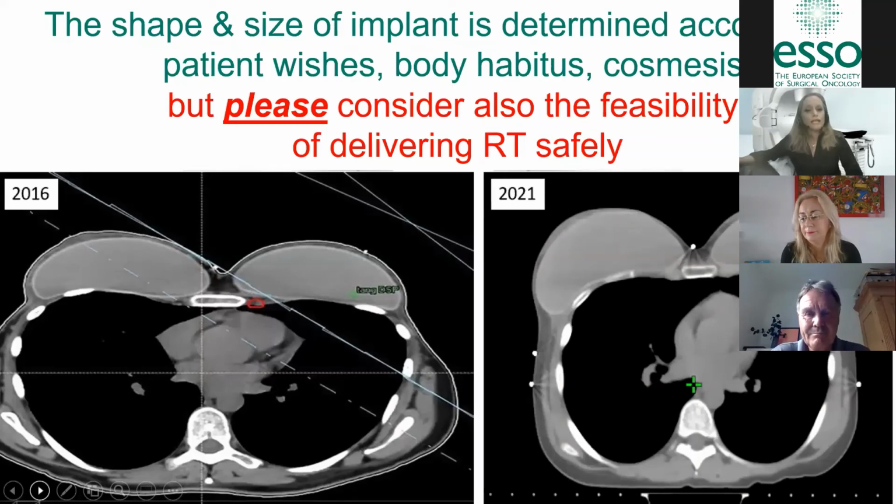In both cases, these are patients who had unilateral disease and underwent bilateral mastectomy with immediate reconstruction. And due to the size and the shape of the implants, it was very difficult to deliver the locoregional radiation safely without exposing the organs at risk, the lungs and the heart, tremendously in these cases.